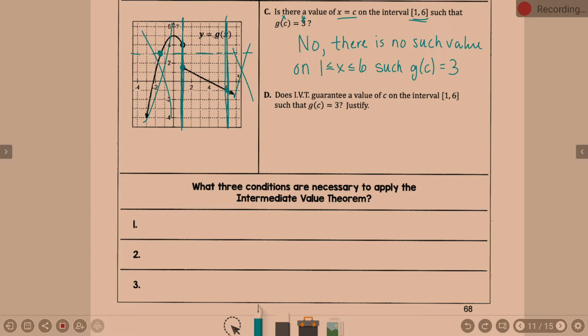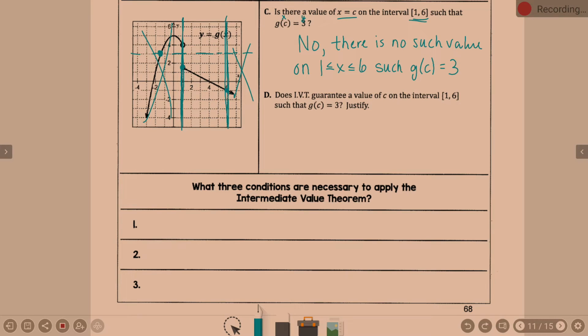Okay, now how did I state that in my notes? IVT will not guarantee a value where g of c equals 3 because f of 1 equals 1.5 and f of 6 equals -1, and 3 does not lie between those two values.